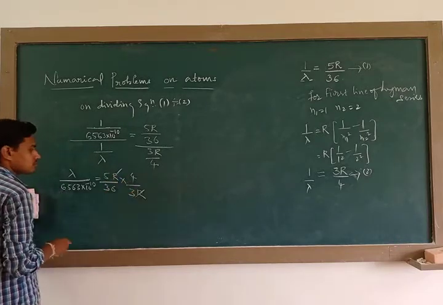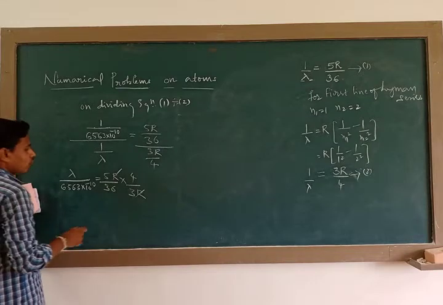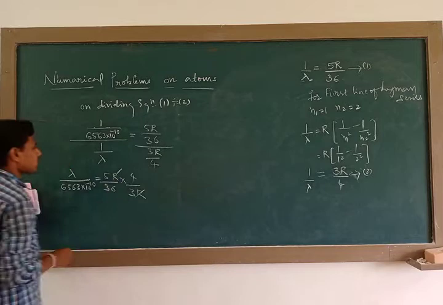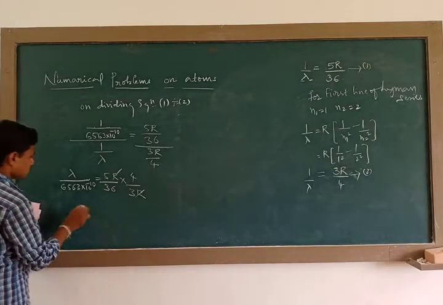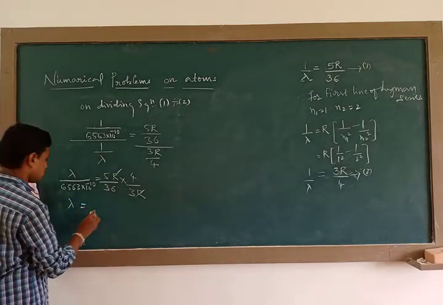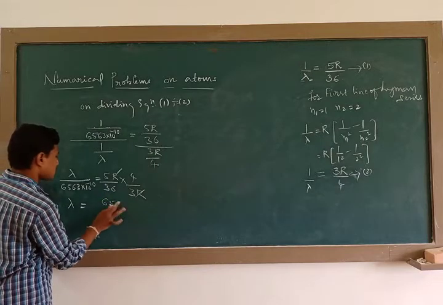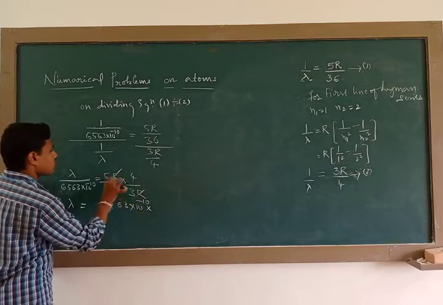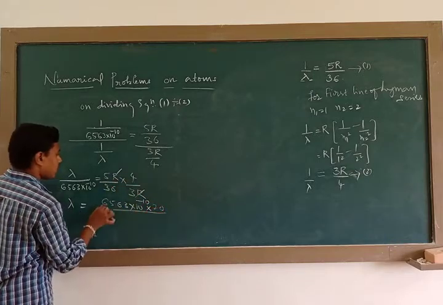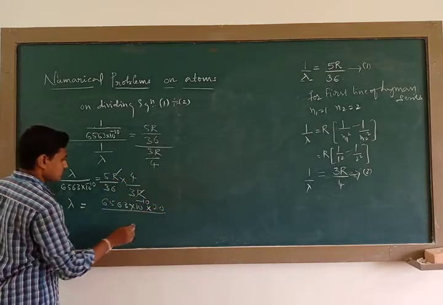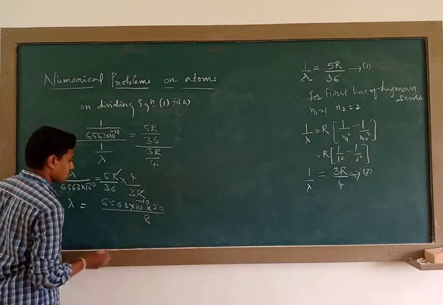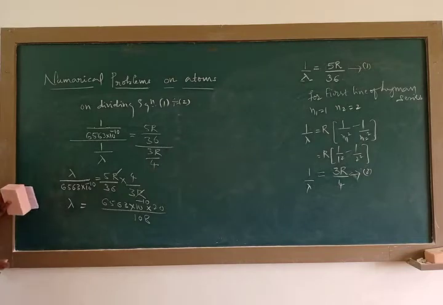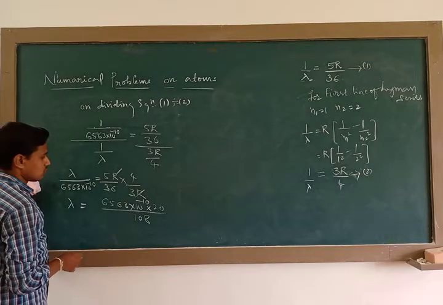R gets cancelled. So therefore, 5R divided by 36 into 4 divided by 3R. So this becomes lambda is equal to 6563 into 10 raised to minus 10 into 5, 4s are 20 upon 36, 3s are 108.